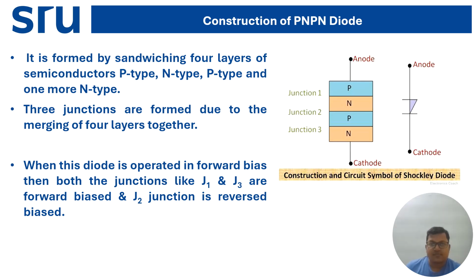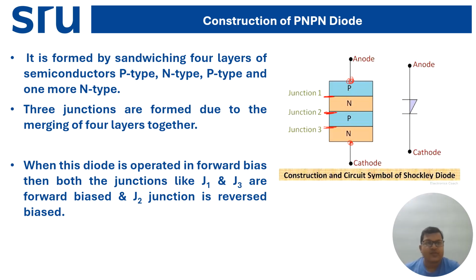As you can see in the image, this is junction 1, this is junction 2, and this is junction 3. The anode starts from the P side and the cathode is at the N side, but in between there are another N and P, as you can see in the image.